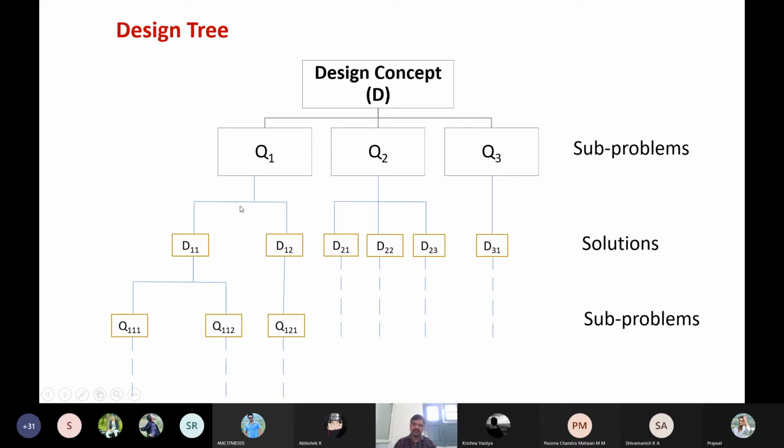Next, in order to realize the design concept, is it necessary to solve all the 3 subproblems, or if you are able to solve only one, does that result in getting the solution for the problem? Is it required to solve all the 3, or if you solve any one, is that sufficient? Only 3. So you need to solve all the 3.